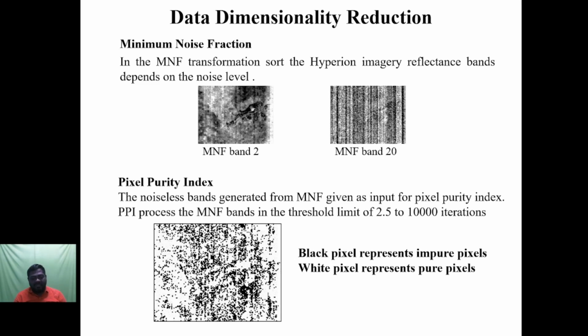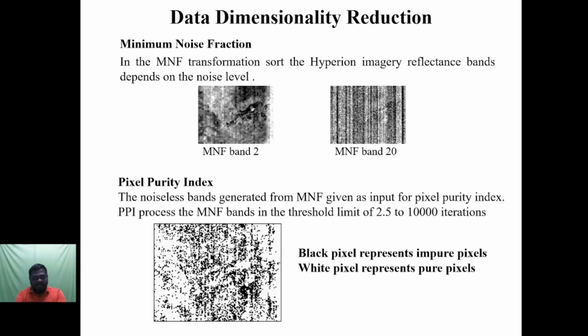In the left side figure, MNF band 2, you can see that the noise level is very low, and in band number 20 the noise level is very high. The next step is the pixel purity index. After MNF, we take only the 10 noiseless bands and give them as input for the pixel purity index.